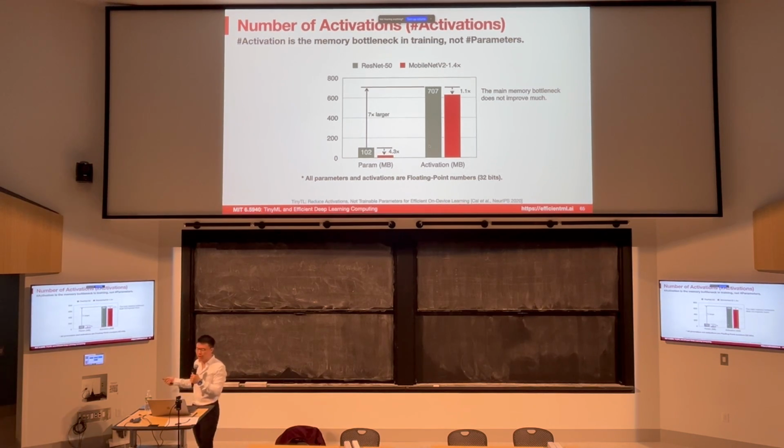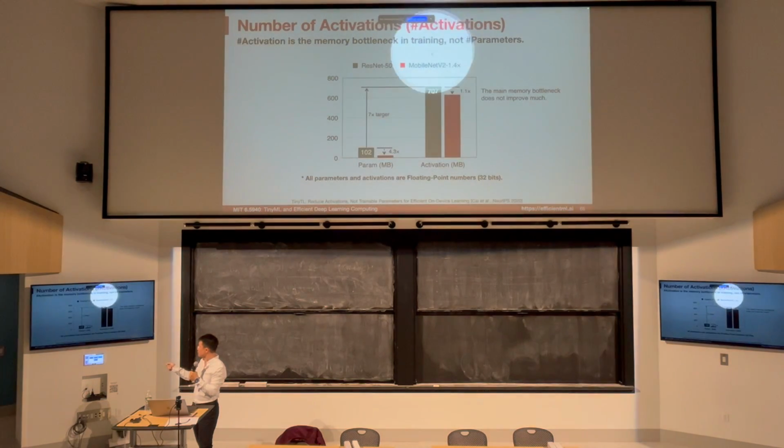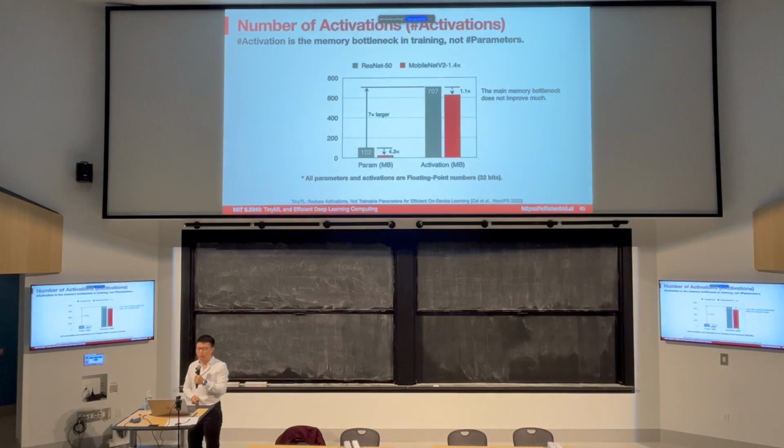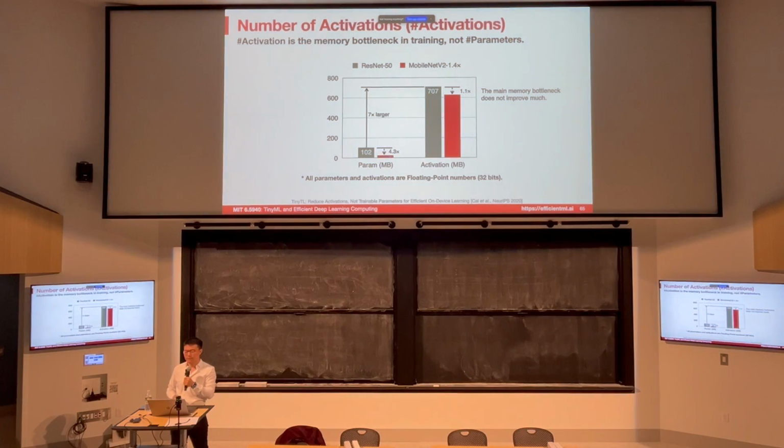And here from ResNet-50 to MobileNetV2-1.4, they pretty much have the same accuracy. So it's an apples to apples comparison. The parameter is reduced by 4 times, but the main memory bottleneck, which is the activation, didn't improve much, only 1.1 times, only 10%. So optimizing the activation is hard.